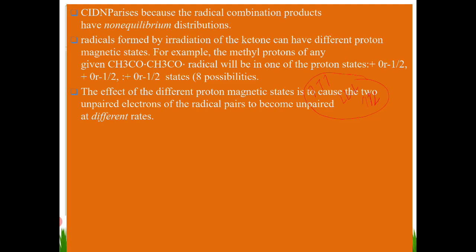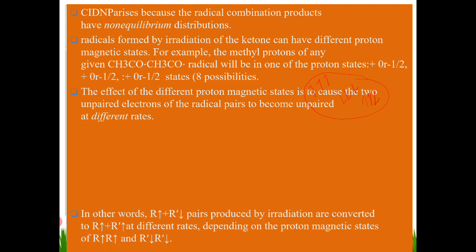It is determined by the proton magnetic state. That's the entire story. So sometimes it may combine, sometimes it may get unpaired. These are the 2 possibilities we have discussed. So it is being controlled by the proton magnetic states. That is the idea behind CIDNP.